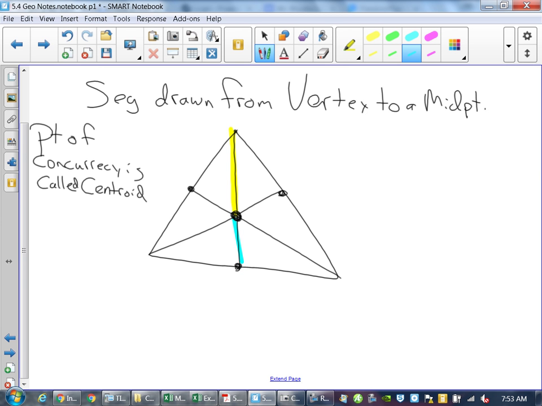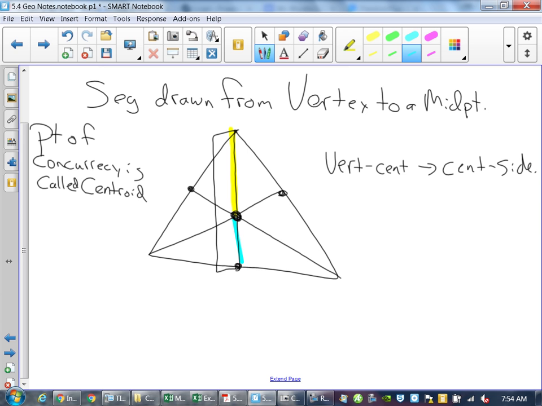So there's two segments that are created in this. The median itself is made up of those two segments. Are we okay with that?